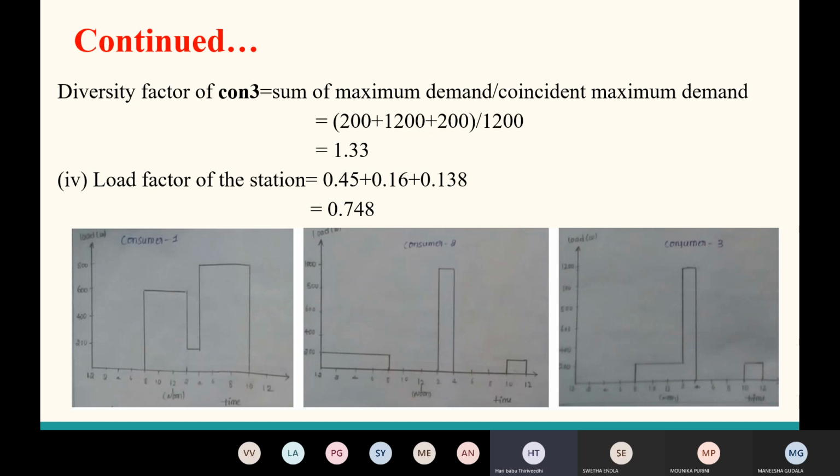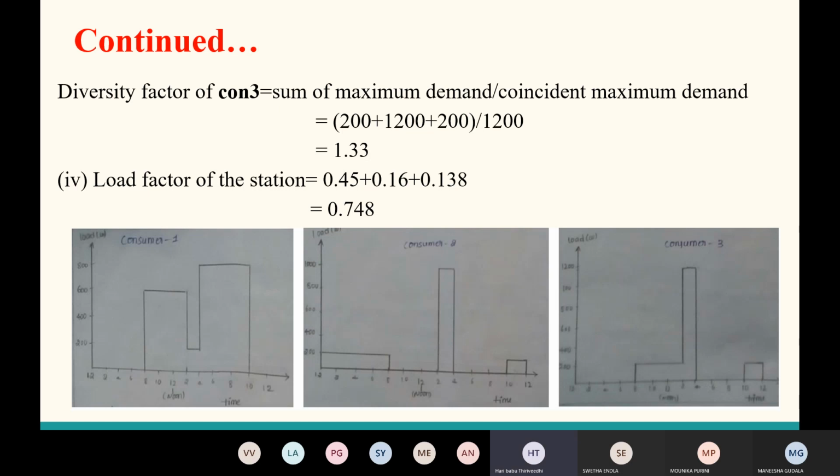I am telling you, station load factor equals total energy consumed per day divided by maximum demand of the station into 24.